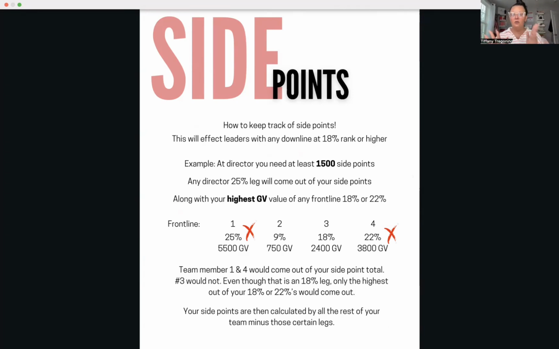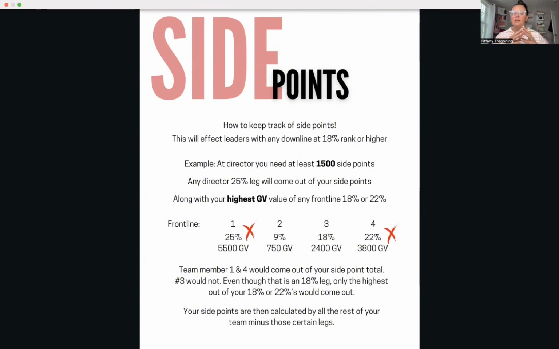Again, these are my 25% legs. As an example, when you're going for 25%, that director spot, you are going to need at least 1,500 in side points. So you have your GV value. Your GV value is going to count your sales and everybody underneath of you.